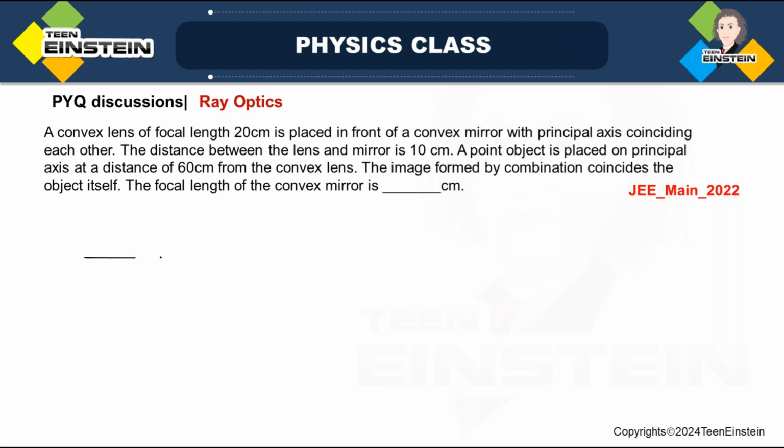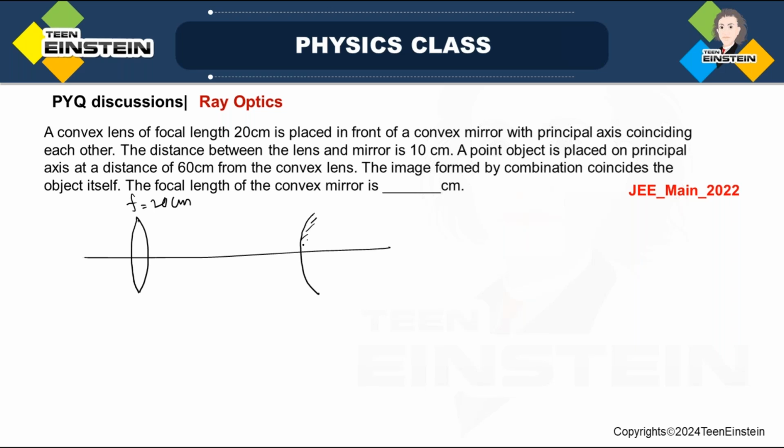Suppose this is my principal axis, this is my convex lens, and I know the focal length of this to be 20 centimeter, placed in front of a convex mirror. So I have another, okay, this is the convex mirror.